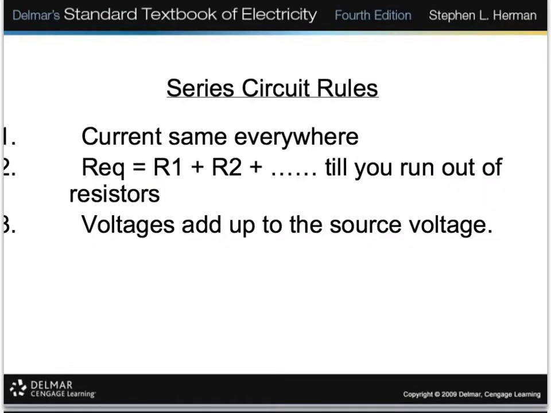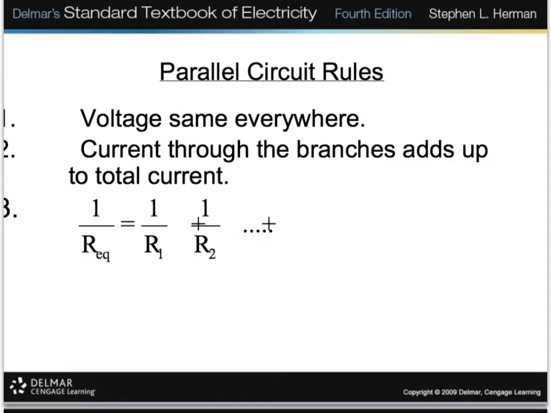So just a guideline, in a series circuit, your current is the same everywhere. So no matter what, you have the same current through each resistor. Your equivalent resistance, this is what we did before in our practice problems, is the sum of all the resistors, and our voltages will add up to the voltage source. In a parallel circuit, our voltage is the same everywhere, and the current through the branches add up.